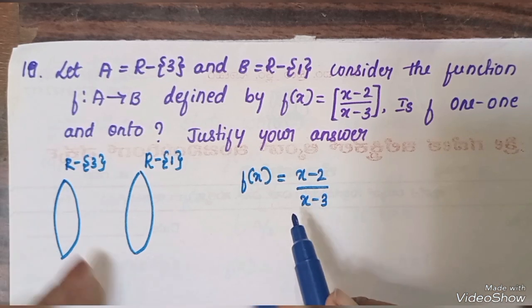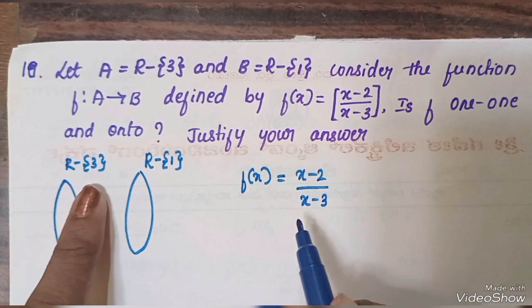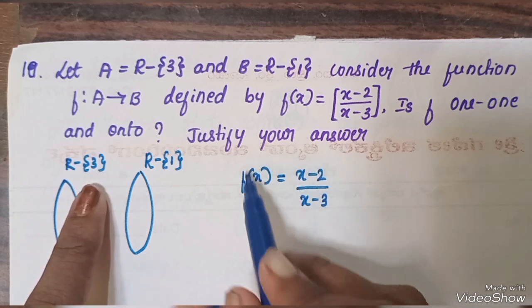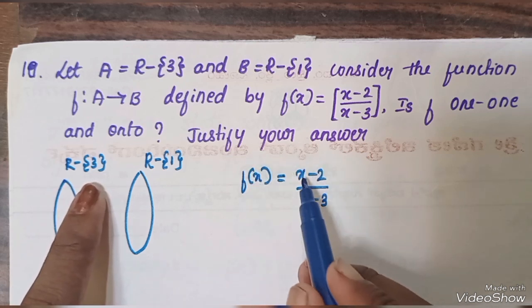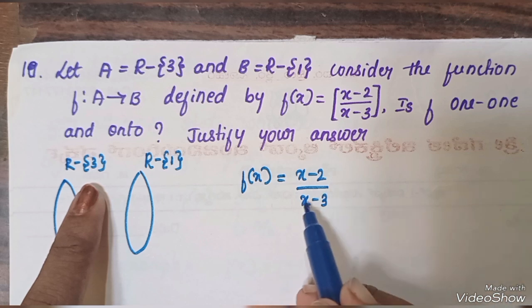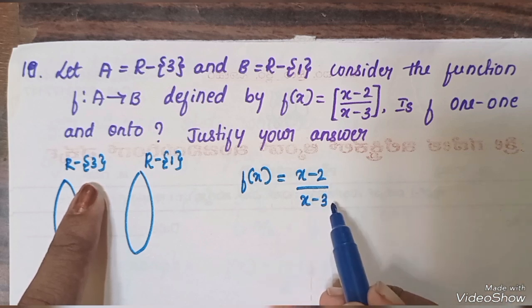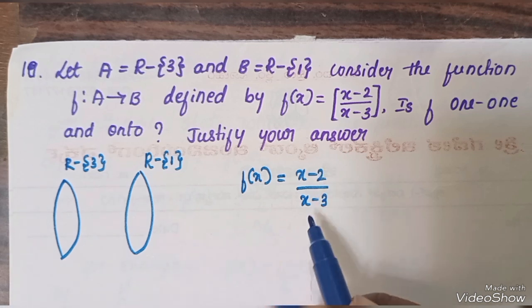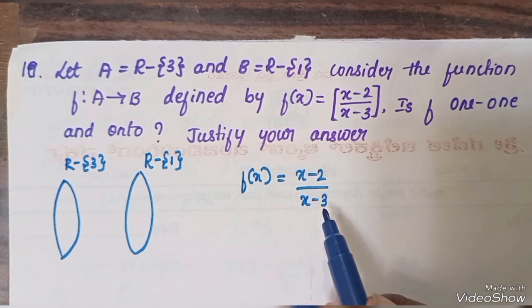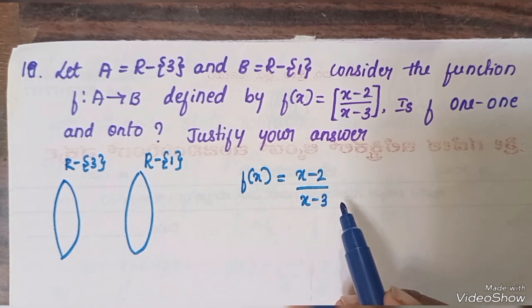Why have they given R minus 3? If we consider the x value as 3, then 3 minus 2 is 1, but in the denominator 3 minus 3 is 0. Anything divided by 0 is infinity or not defined.